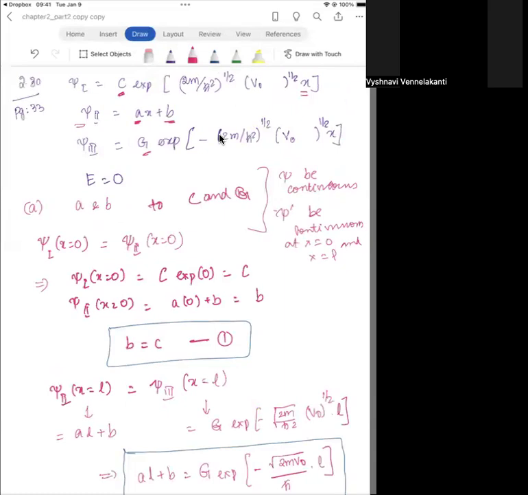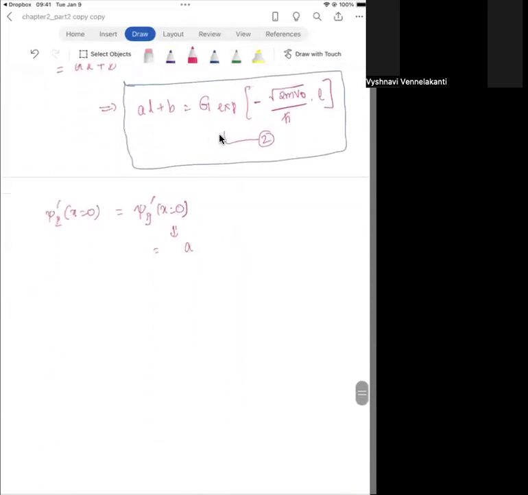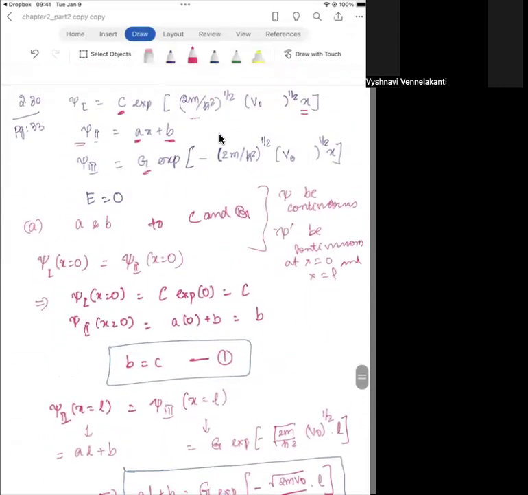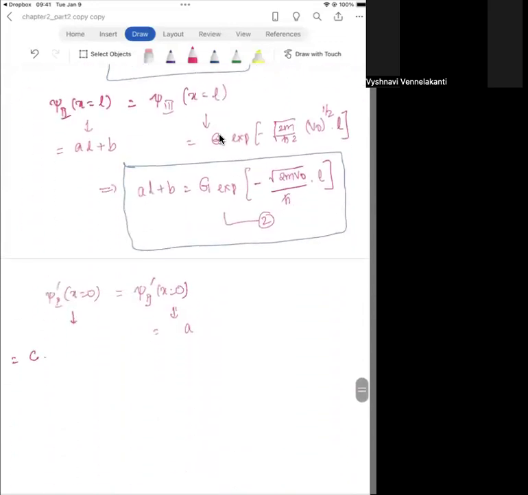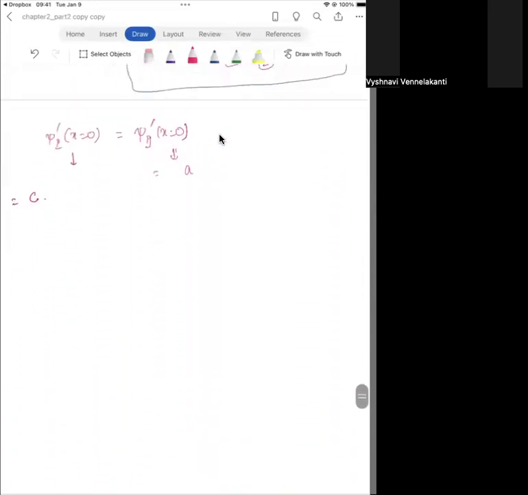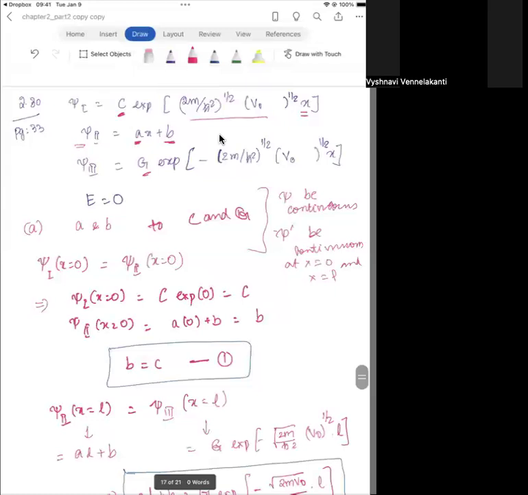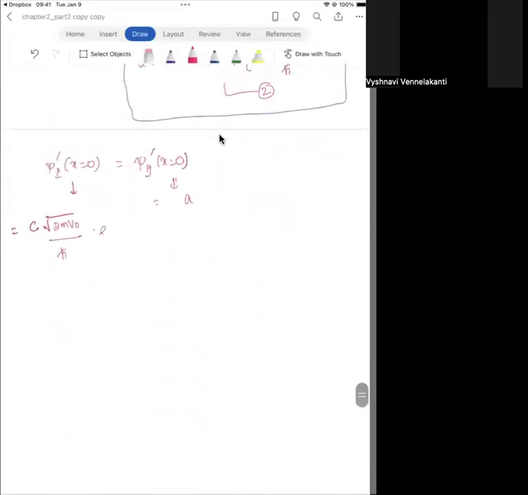Now the derivative of psi 1 is going to be C times all of this part, C times root 2mV0 over h bar, times exponential of this times 0.